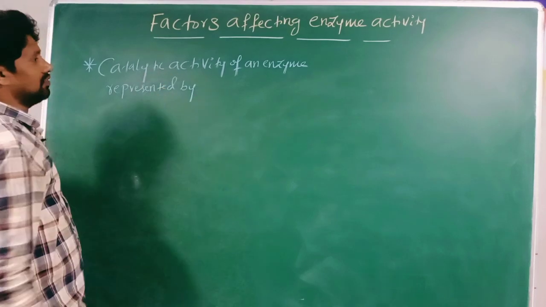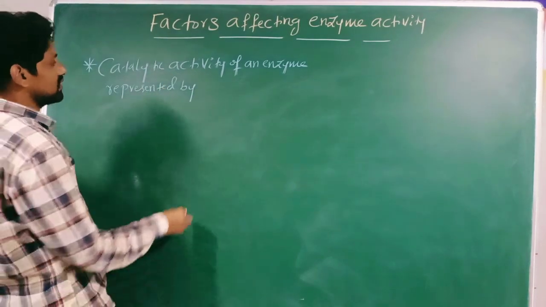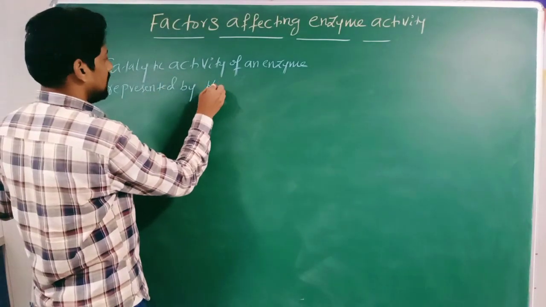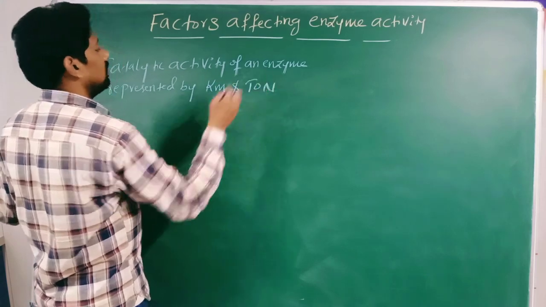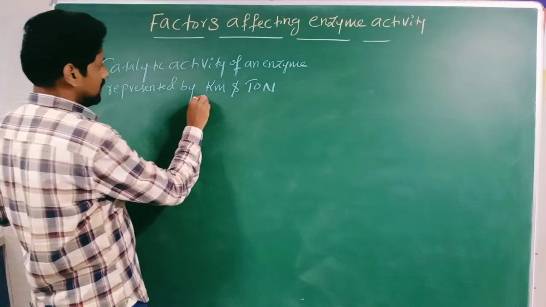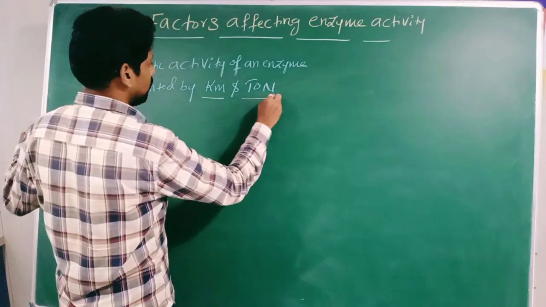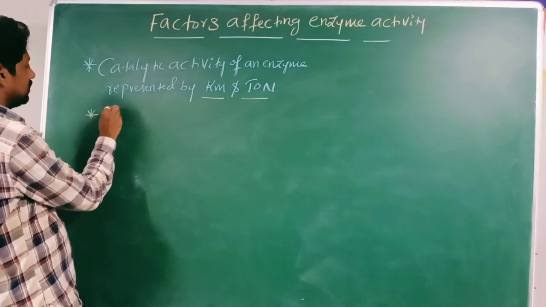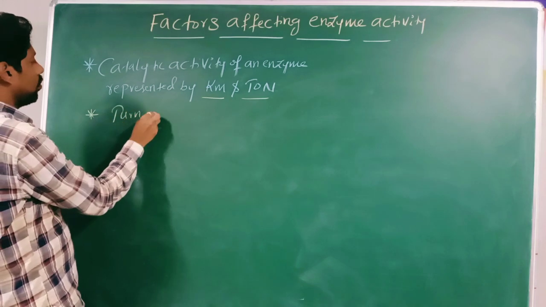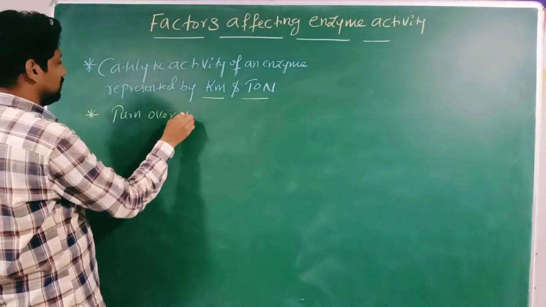Catalytic activity of an enzyme is represented by what and what, sir? Km and TON. We already discussed Km. Now we are going for TON. What is TON, sir? Turnover number.